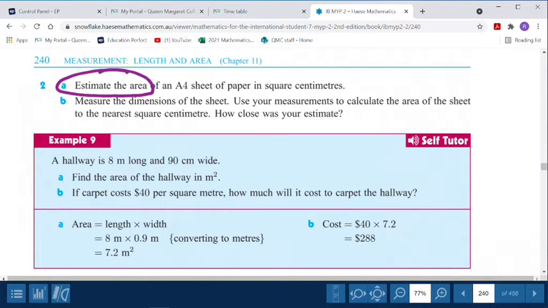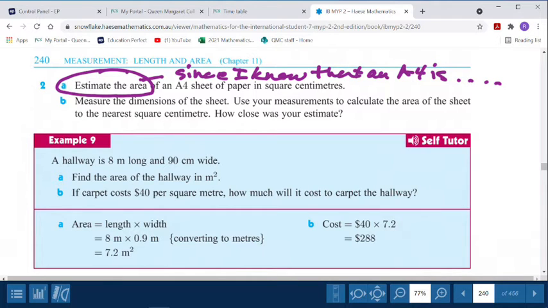It could happen. Right? But if I were going to do that, I might say, since I know that an A4 sheet is blah, blah, blah. So do you see you're justifying the fact that you got the exact answer with an estimate because of prior knowledge? Then that makes sense. Okay?